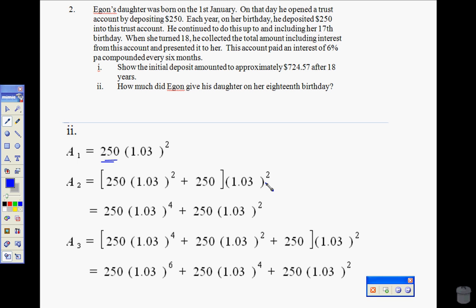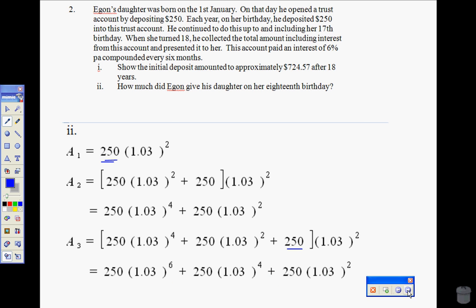We expand out our bracket to get that nice form because we want to see the pattern occurring. So again, at the start of the third year, $250 is invested, and the whole amount that we've had and now invested is compounded twice. So we expand our brackets out nicely. So there's what it looks like after 3 years.